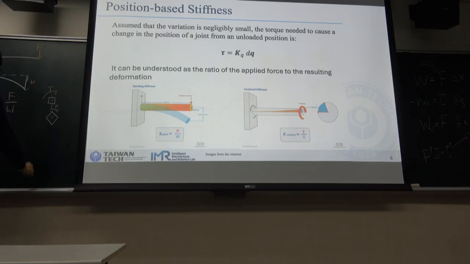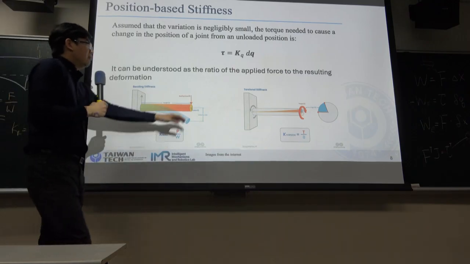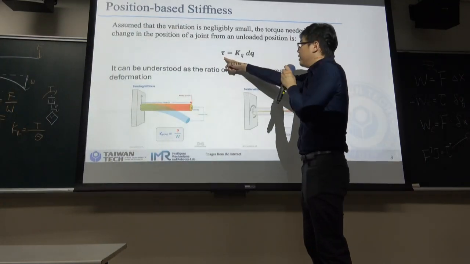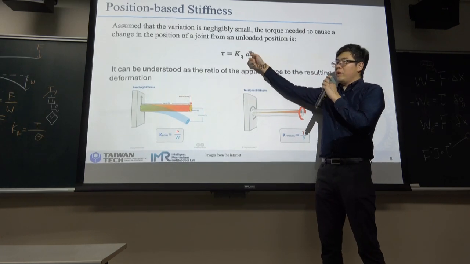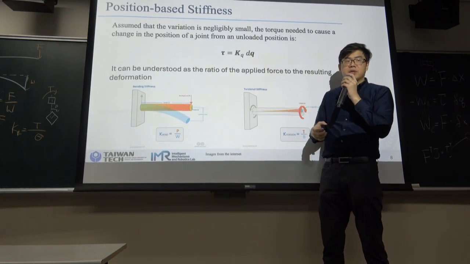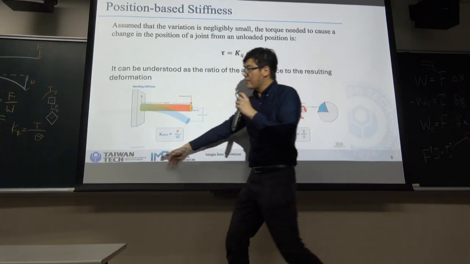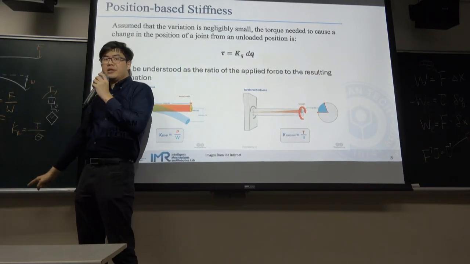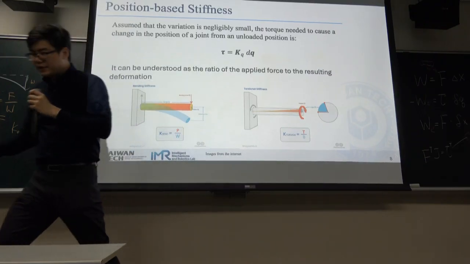The theta over here: the torque divided by the theta will be equal to the rotational stiffness. We can say, like here, we have K theta. So this is the torque, this is the deformation in angular displacement, and in between is the rotational stiffness. So there are two kinds of stiffness.